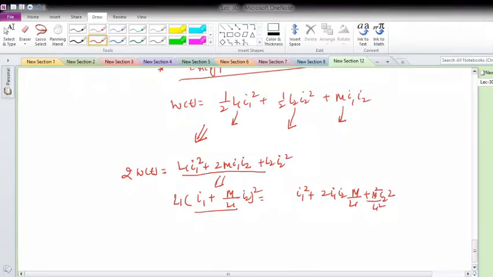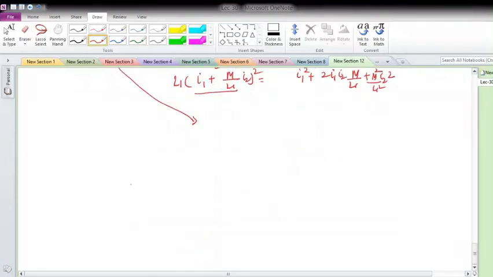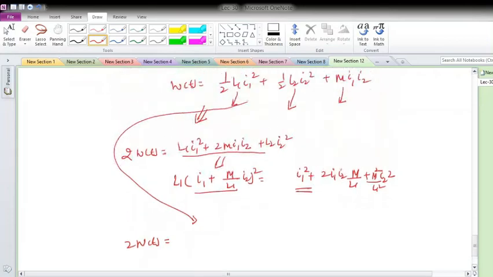Okay, so to get this, let me write 2 into W of t. This is basically what I want to obtain. My original equation is L1 I1 square plus 2M I1 I2, this I also got.